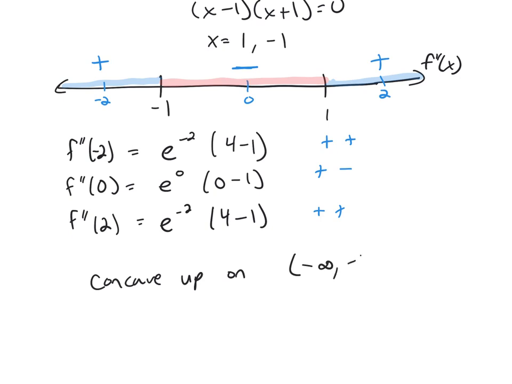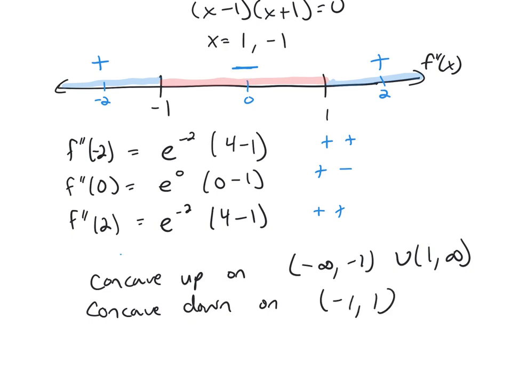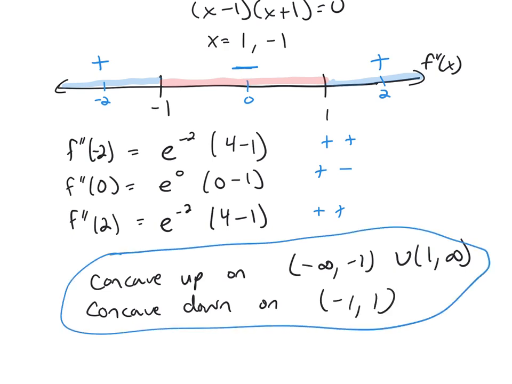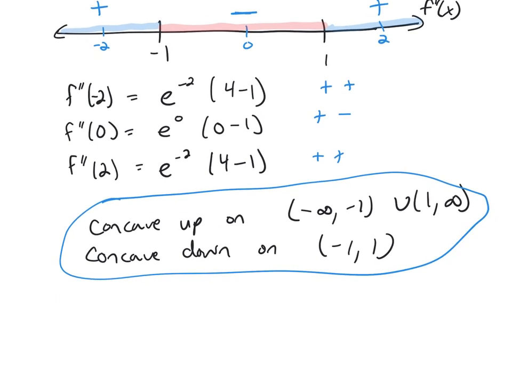It's negative infinity to negative 1 and 1 to infinity. It's concave down on the interval negative 1 to 1. And there's where my graph is concave up, and there's where my graph is concave down.